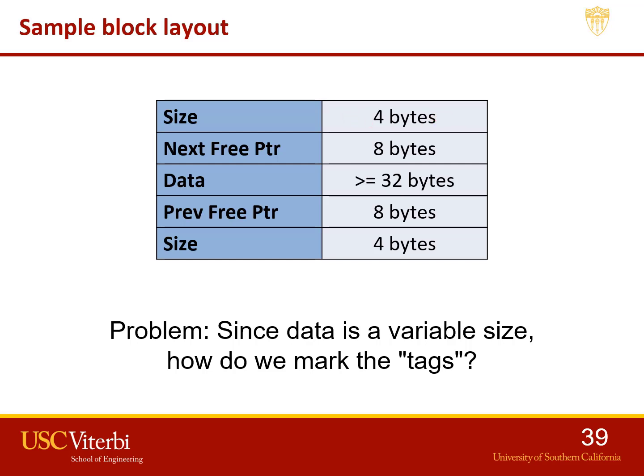Another trick is I could say that no size ever has an odd number. Maybe every size is some multiple of 4. So the least significant 2 bits of my size, maybe I could use those, I could chop those off, and that would give me a larger number with just 4 bytes.